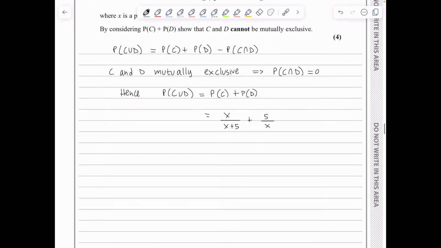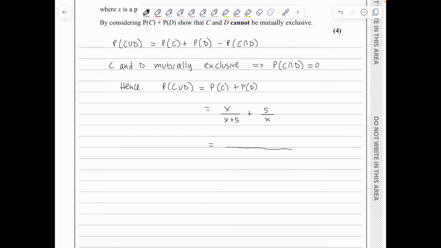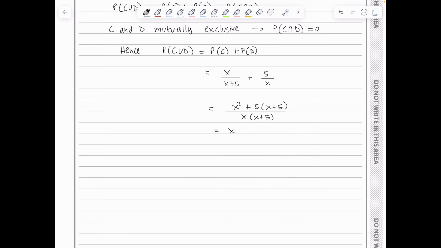I could express everything over the same denominator of x brackets x plus 5, and we've got x squared plus 5 times x plus 5, which gives me x squared plus 5x plus 25 over x squared plus 5x, which can be written as x squared plus 5x over x squared plus 5x plus 25 over x squared plus 5x, which we can see is 1 plus 25 over x squared plus 5x, which is certainly greater than 1 since x is greater than 0.